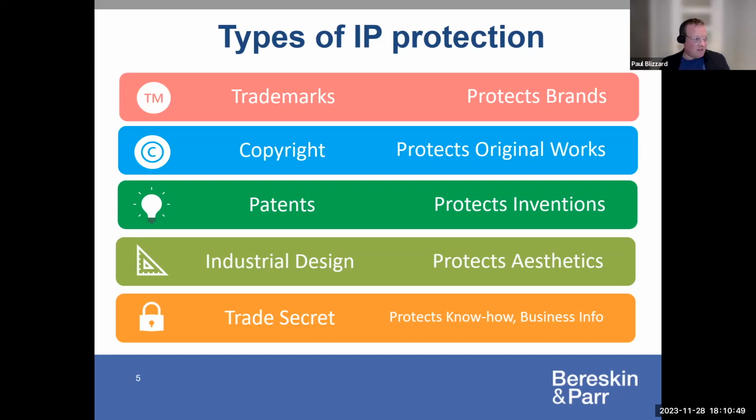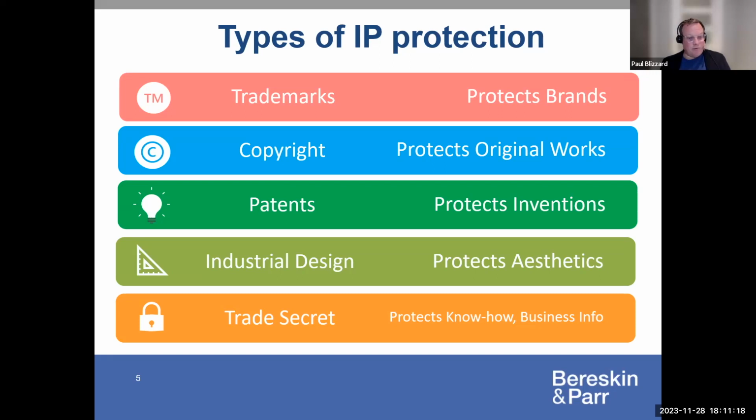Copyright, as you can see, the C with a circle around it, is a type of protection available for original works like art and music and movies, software. Patents are their own type of protection, which protects specifically inventions and innovations that you may come up with through research or through your own ingenuity.